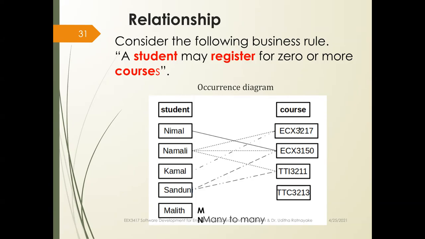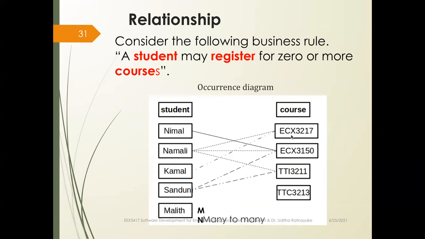We can write course codes, several courses, and draw lines. One student can register for many courses. So Nimal can register for this course and all these courses.